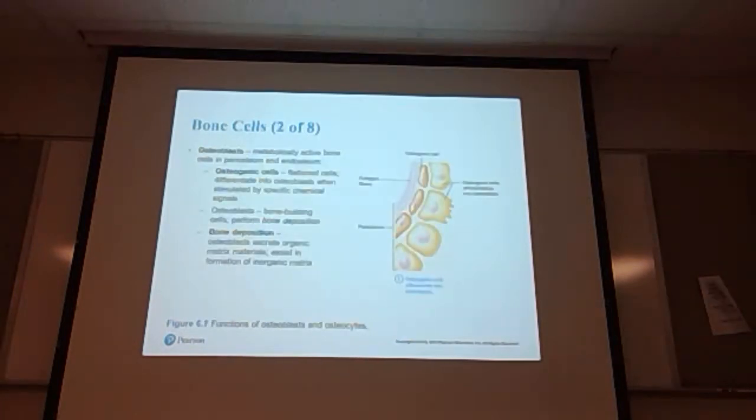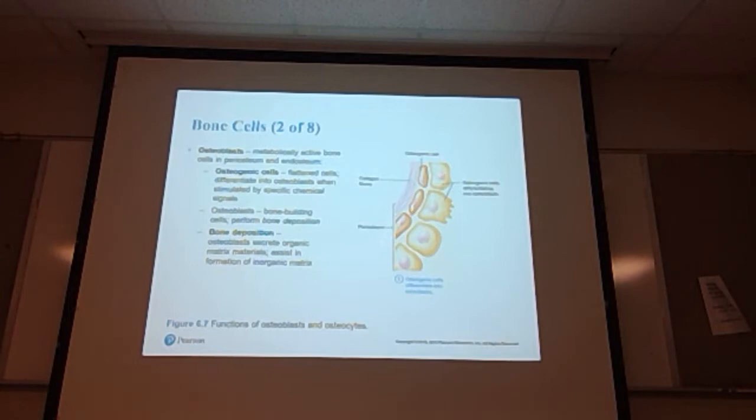So the osteoblast, metabolically active bone cells in the periosteum and endosteum. They can be found as either osteogenic cells, that's these little flat ones here. They differentiate into osteoblasts when stimulated by specific chemical signals. So you've got the collagen fibers here, you've got the osteogenic cell, which are ultimately going to become the osteoblast cells as they differentiate.